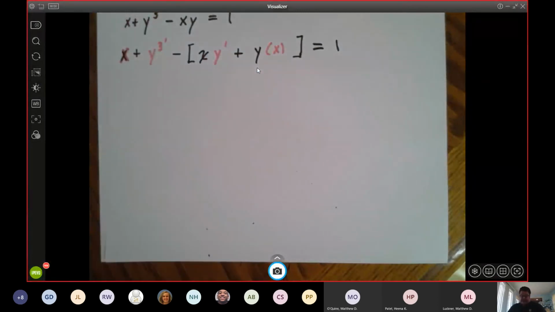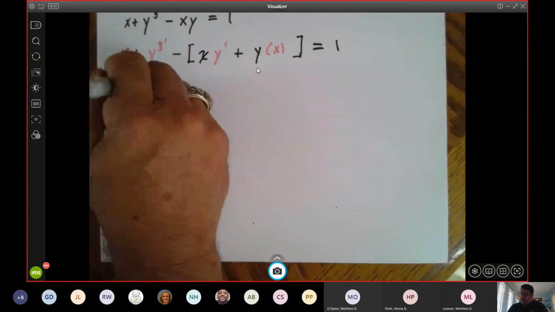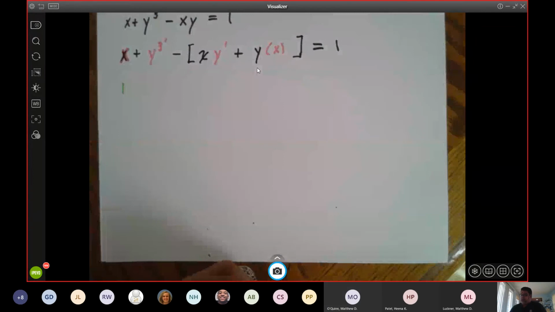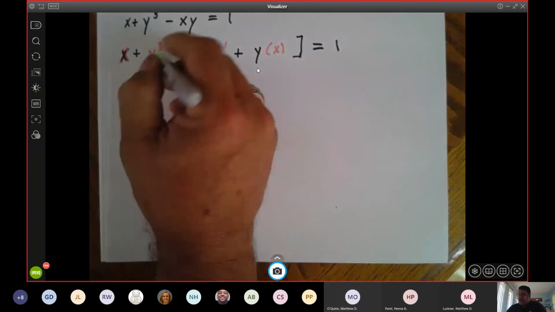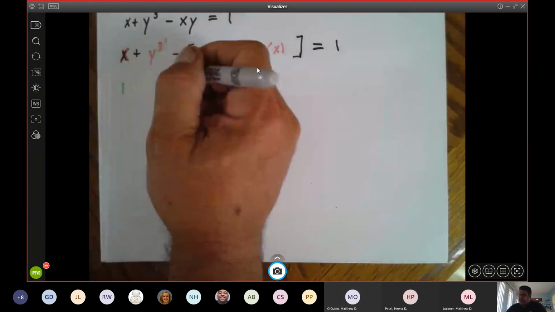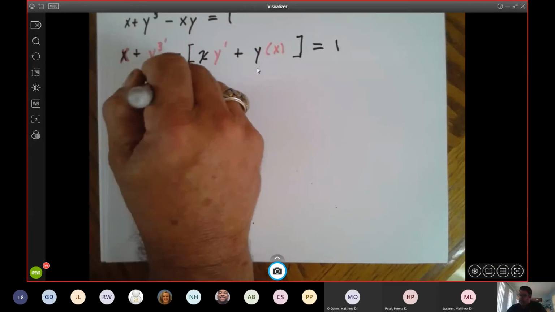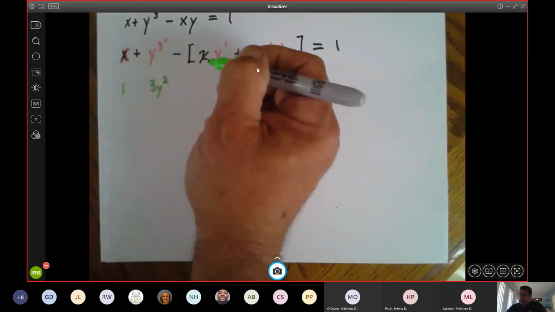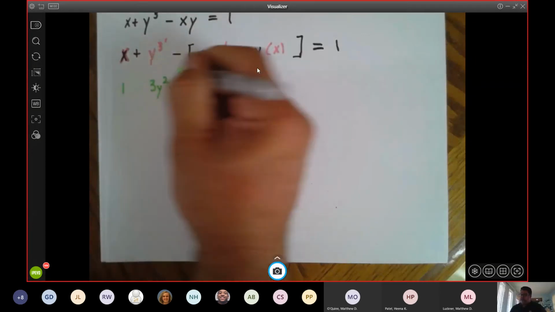So that's going to give us the derivative of x is 1. The derivative of y to the third is 3y squared, and then a y prime beside it.